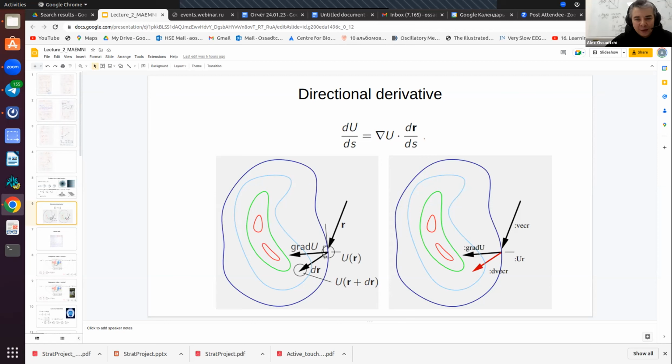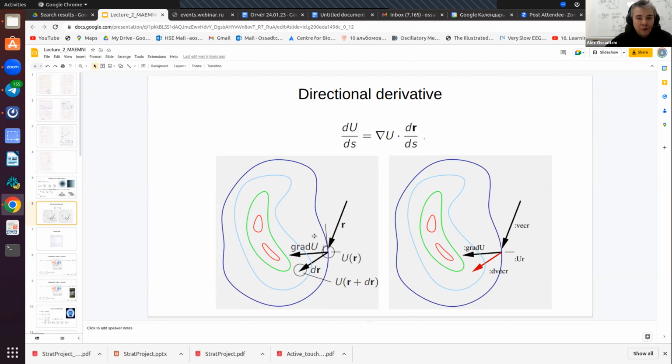But if you want to compute the speed of ascent of your function, or not speed, but actually the amount of movement of your function, the derivative of your function with respect to some specific direction given by vector dr, right? Then you have to project the vector of gradient on vector dr. You already know the direction you are interested in, and the speed of change of the function along the direction will be equal to the length of this projection.